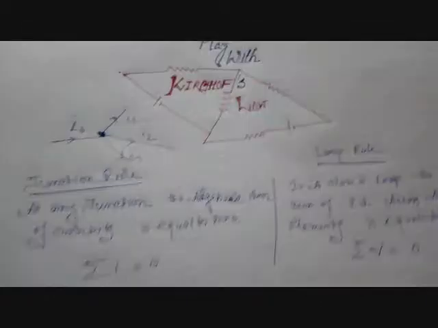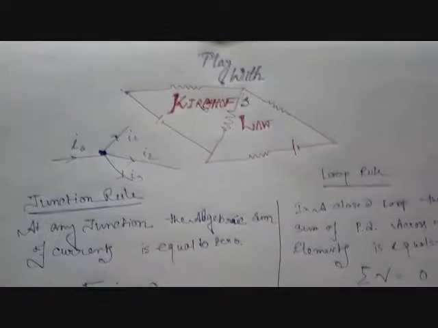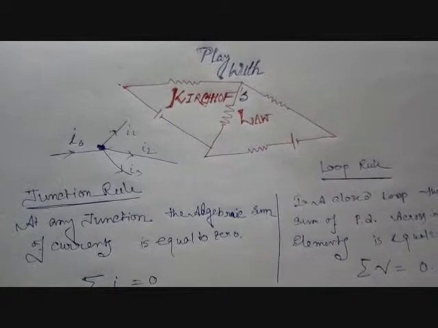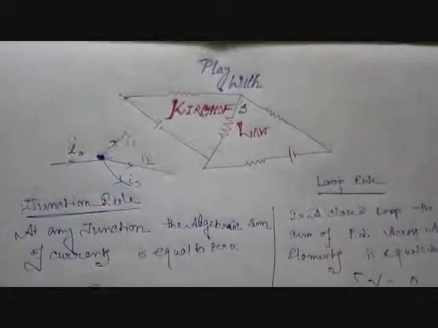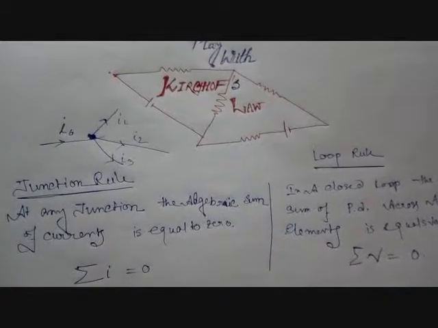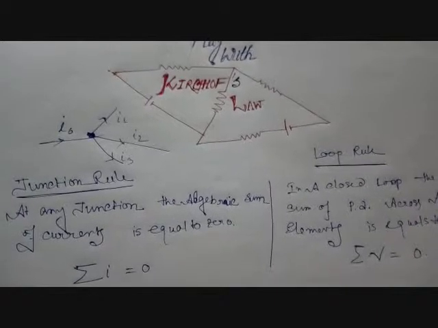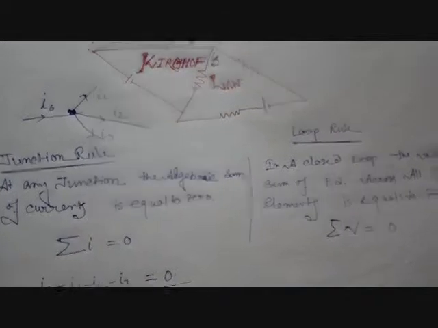If we denote the incoming current direction I0 as positive, then the others will be negative, so I0 minus I1 minus I2 minus I3 equals 0.